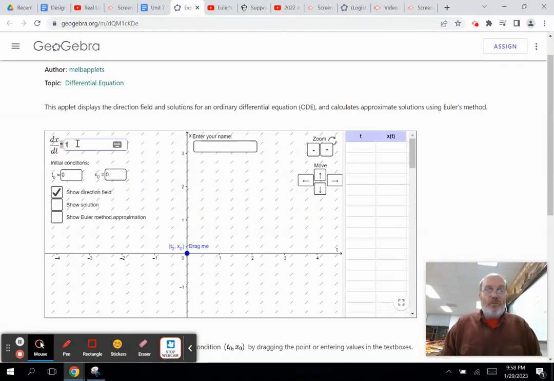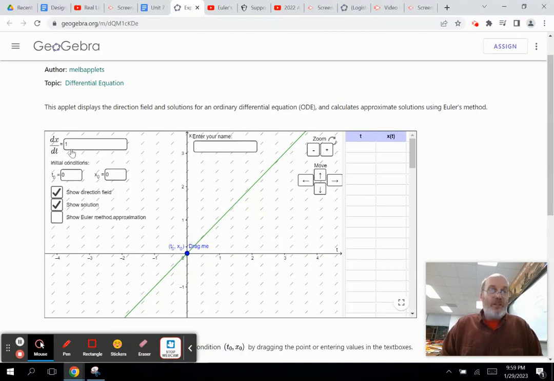So if dx/dt is 1, and I enter this in here and click Show Solution, you should see the function that is the solution, which should be just x equals t, which we all know is a line that cuts the first and third quadrants in half. So when I click Show the Solution, there you see the line x equals t.